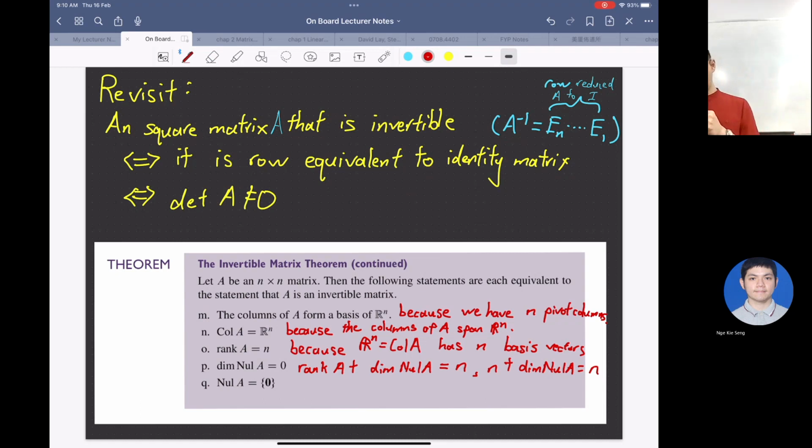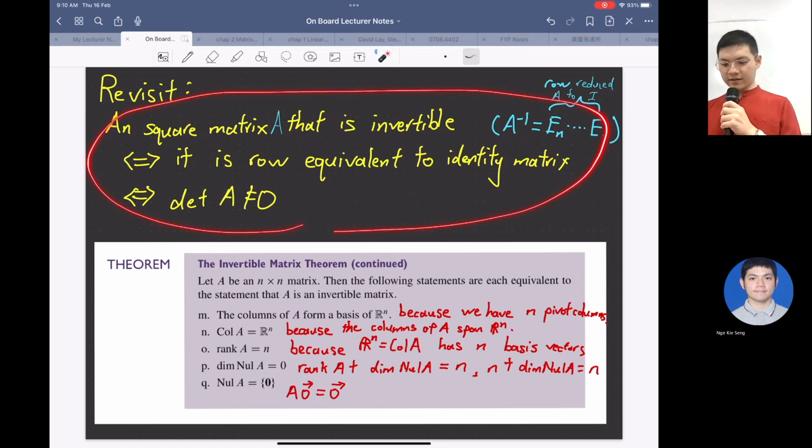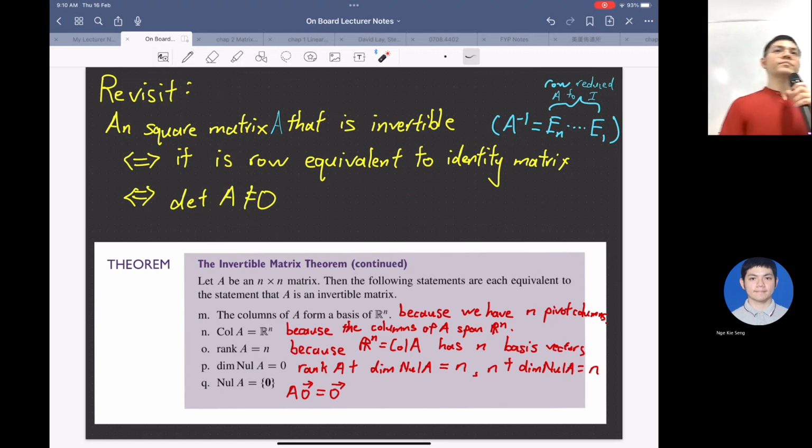So if the dimension of Nul A is 0, then Nul A is just a singleton set containing the zero vector, because there's nothing in there, just 0. Only 0 satisfies Ax equals 0. And it is dimension 0. So there's only the zero vector in there. Okay. So these are easy consequences from these two that we have seen before.